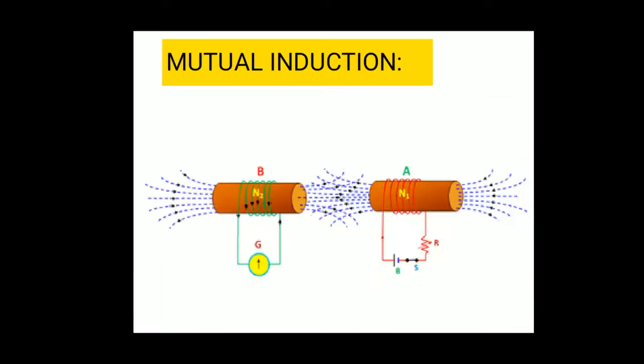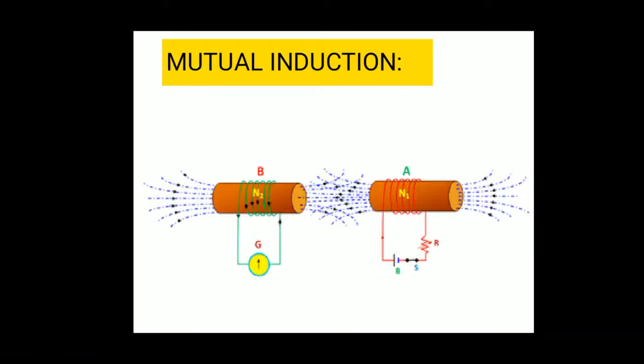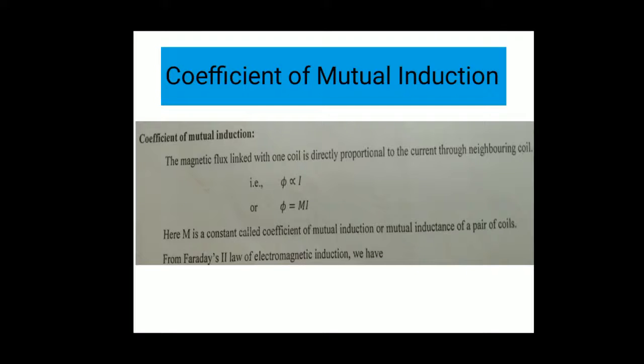That means the magnetic flux linked with coil B is directly proportional to the current we are passing through coil A. Therefore, the magnetic flux linked with coil B is directly proportional to the current through coil A. That means phi is directly proportional to I, and here we write the proportionality constant M. Here M is called the constant of proportionality. It is called the coefficient of mutual induction, or the mutual inductance of the pair of coils.